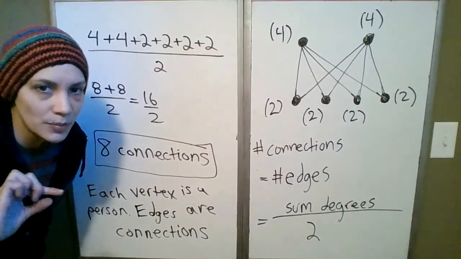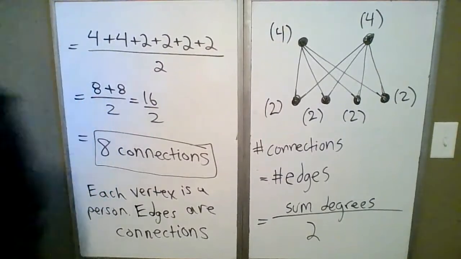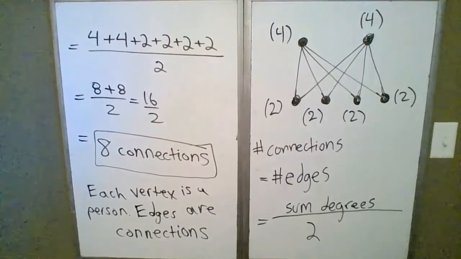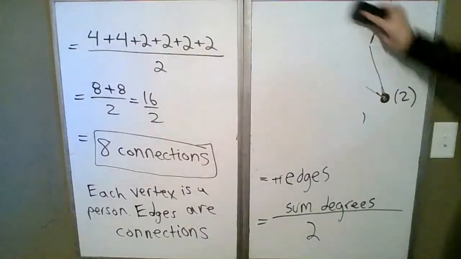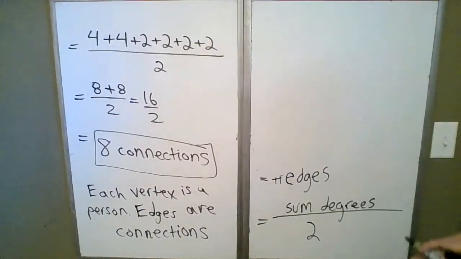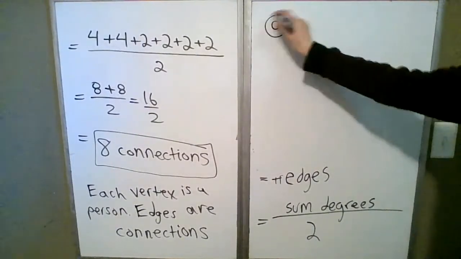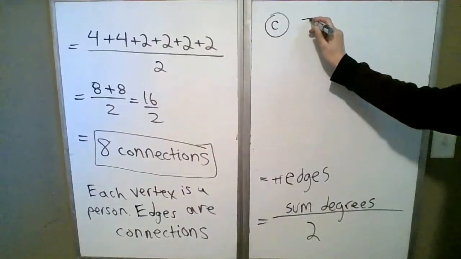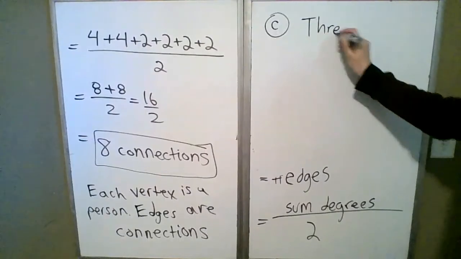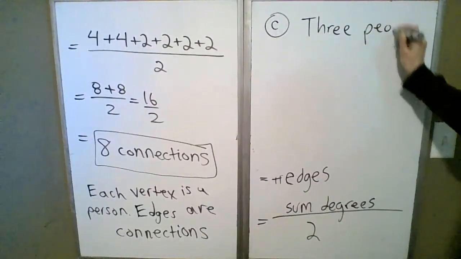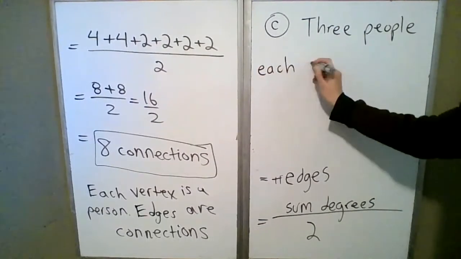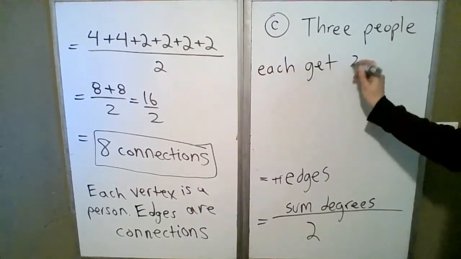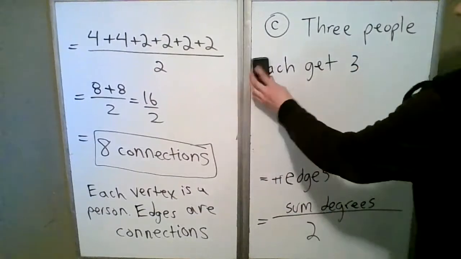First part is that 3 people who each get 4 cards. Just 3 people.